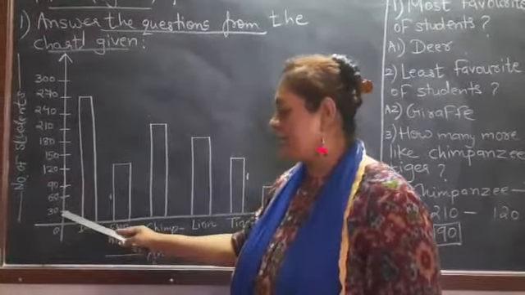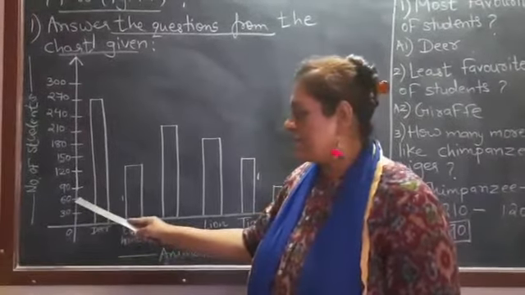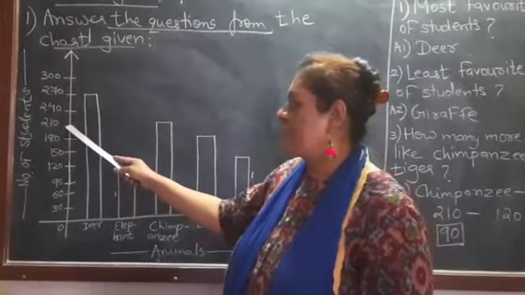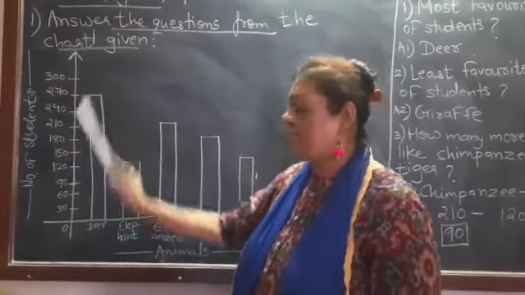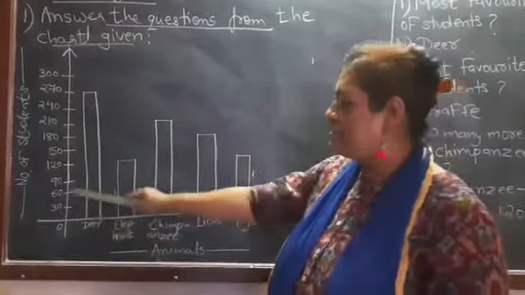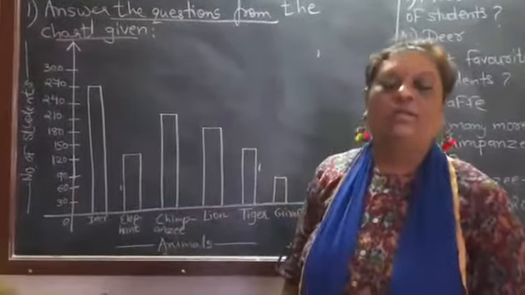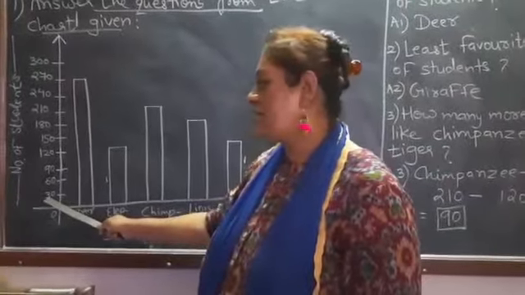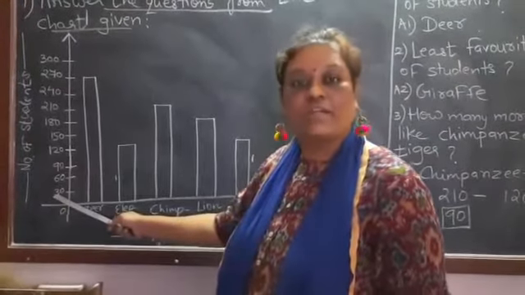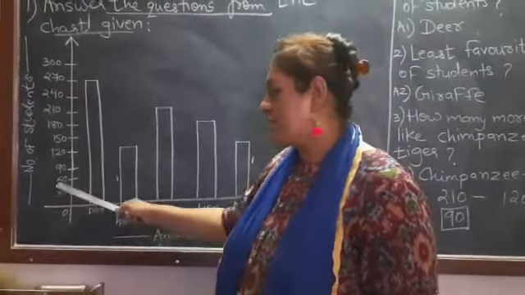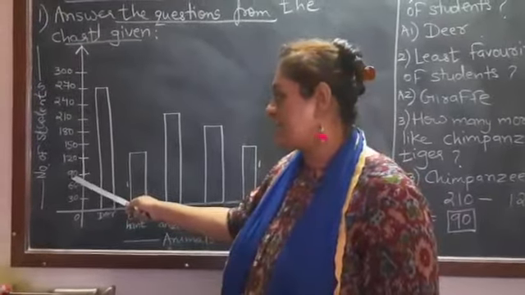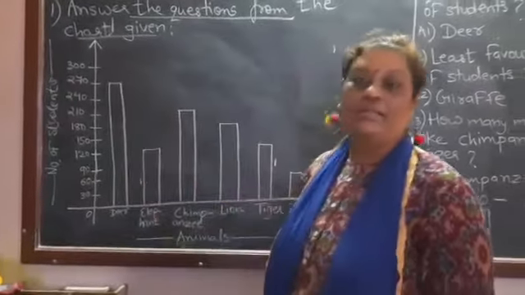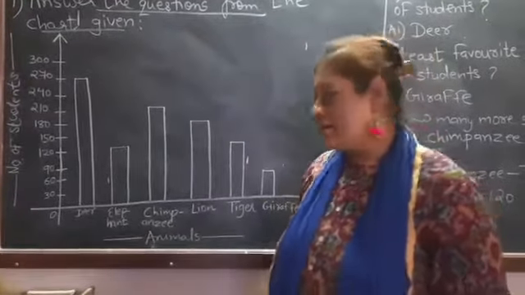After 0, the very first number written is 30, then 60, then 90, then 120, 150, 180, 210, 240, 270, 300. From these numbers, you can assume that the table of 30 is used here. 3 ones are 30, 3 twos are 60, 3 threes are 90, 3 fours are 120, 3 fives are 150, and likewise till 30 tens are 300.